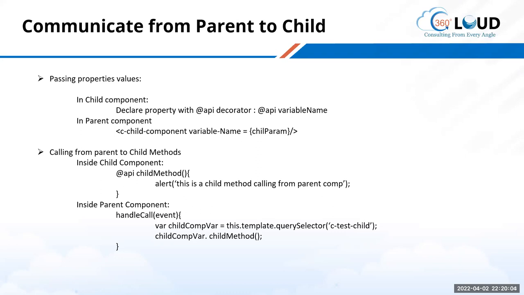Suppose on click of a button, we have to pass parameters from child to parent. Then in the child component, we create a custom event, and after that we have to dispatch this event.